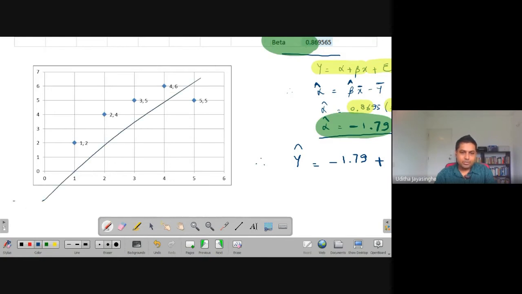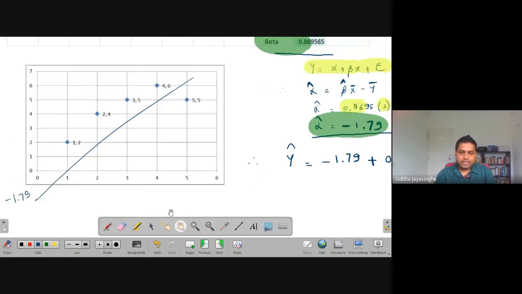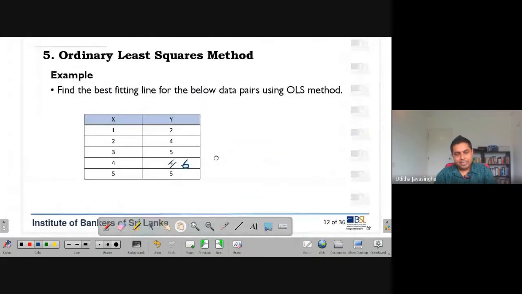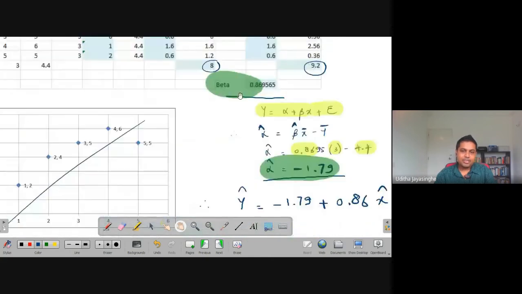Negative 1.79 is going to be over here, and my gradient is going to be 0.86, almost close to 1. Okay, now this is the entire exercise of this simple 5 points to get the best fitting line.